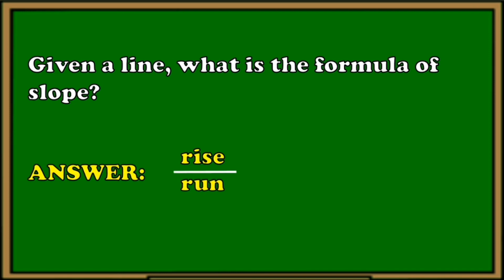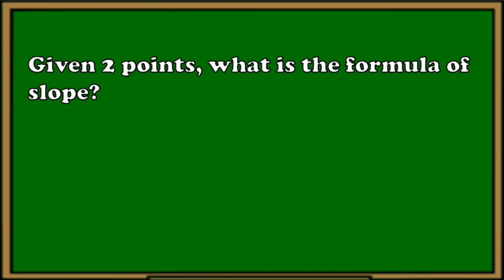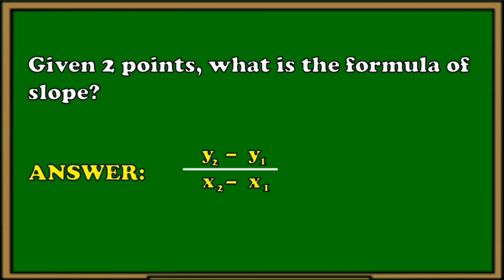The correct answer, rise over run. Given 2 points, what is the formula of slope? The correct answer, y sub 2 minus y sub 1 all over x sub 2 minus x sub 1.